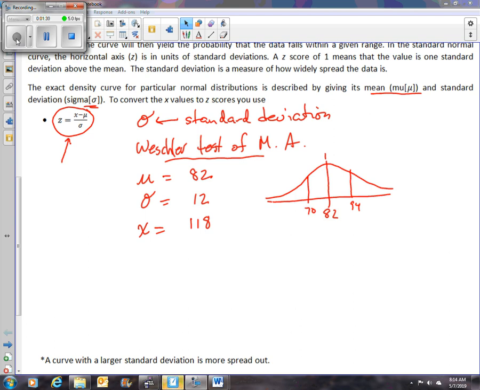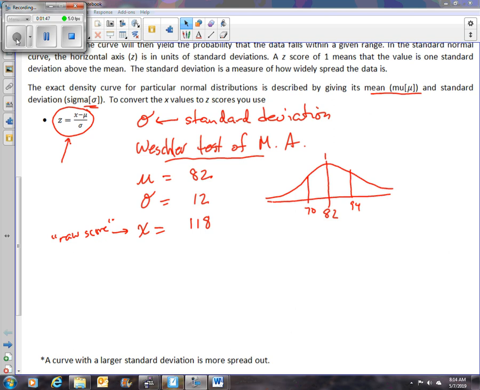Now, we call the x, any particular score on some data set that's normally distributed, a raw score. In other words, it hasn't been standardized.